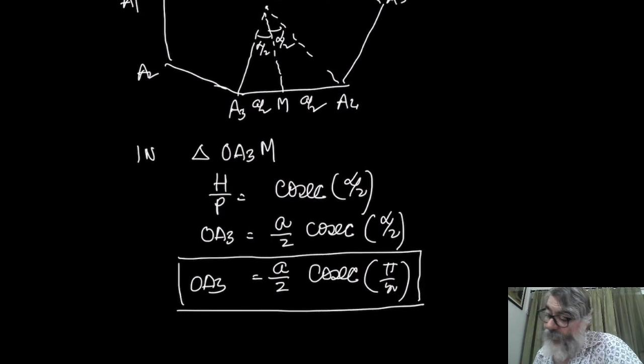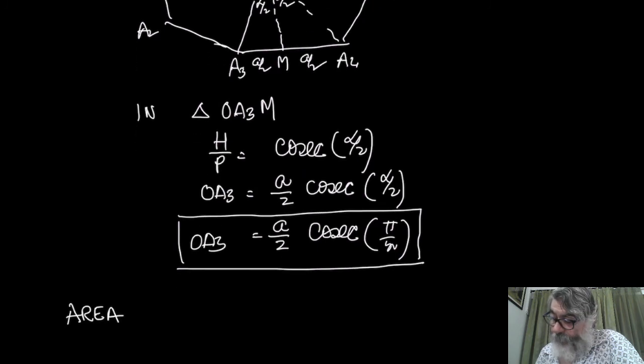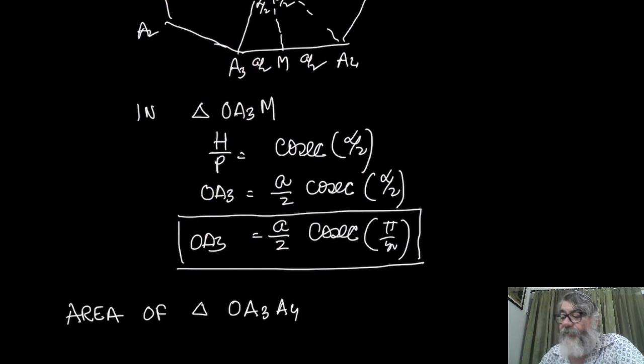Now if I want to calculate the area of triangle OA3A4, you see, there will be n such triangles, and each triangle will have the same area. I have already calculated the base and I already know the height. So what will be the area?